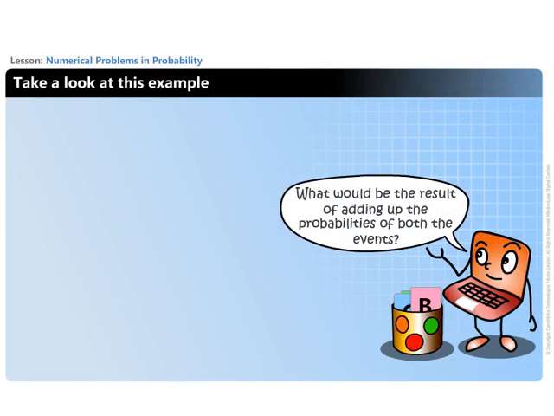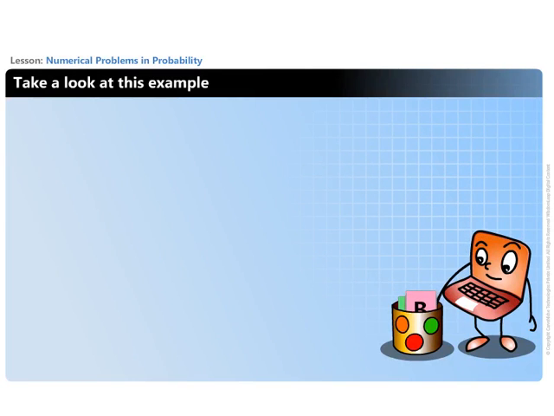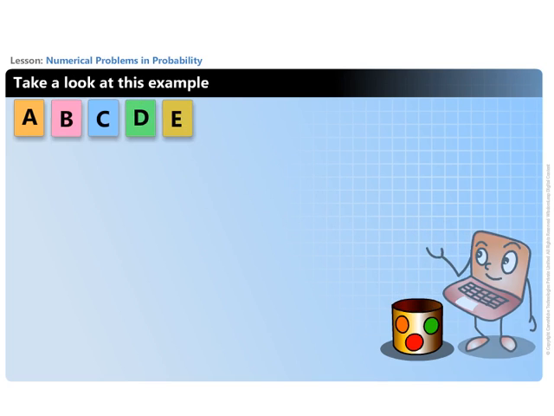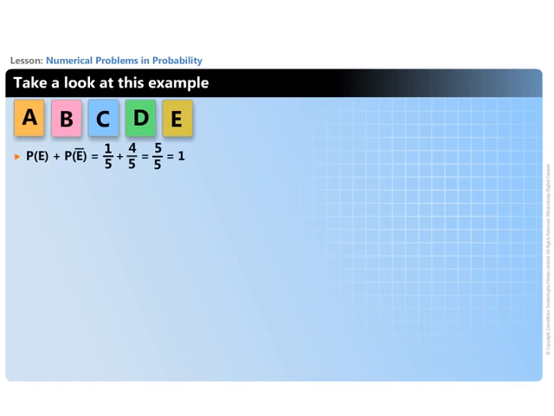What would be the result of adding up the probabilities of both the events? Here, P(E) plus P(E bar) is equal to 1 by 5 plus 4 by 5, that is equal to 5 by 5, which is equal to 1.